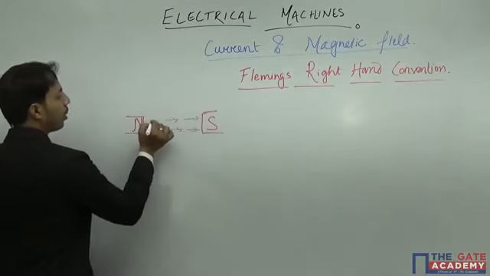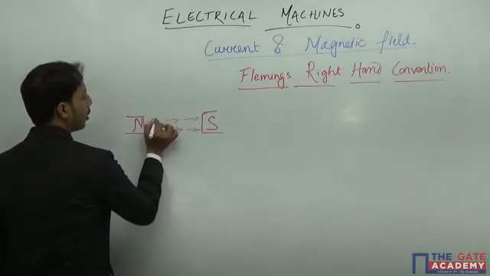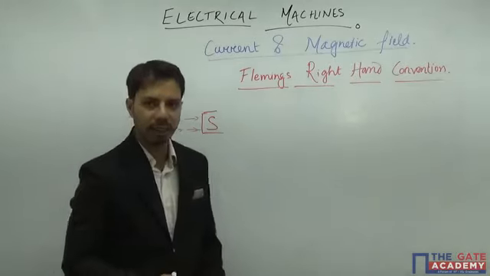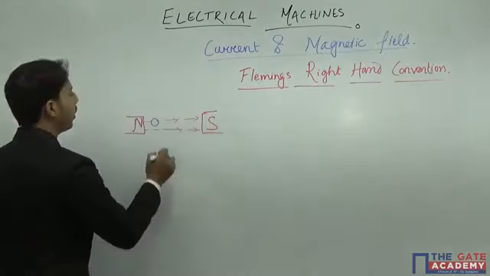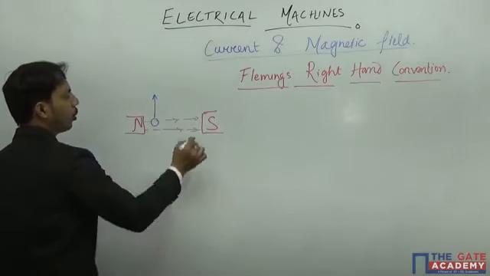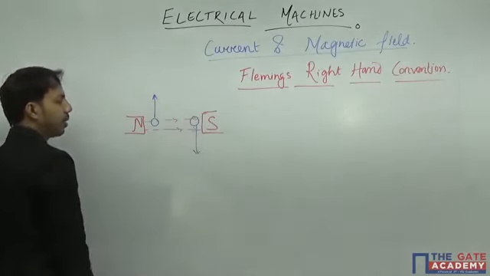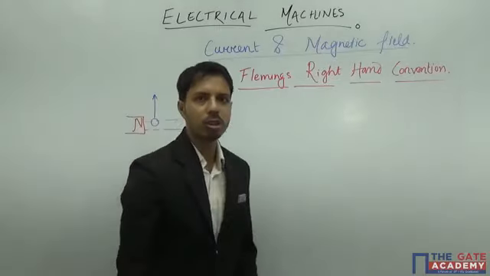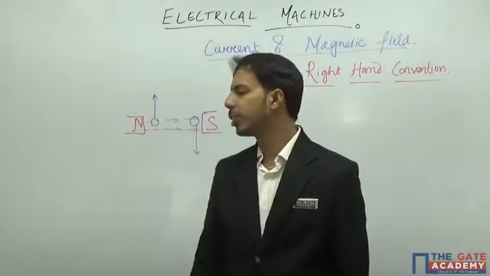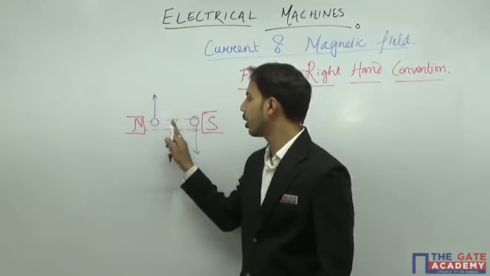Now at this particular point, suppose I have a conductor, and this conductor is moving in this direction. What will be the direction of the EMF which is induced in this conductor?